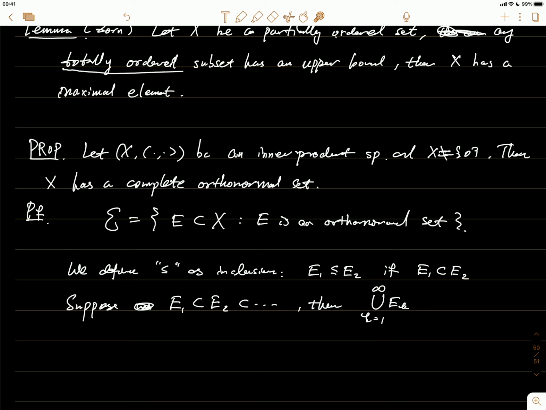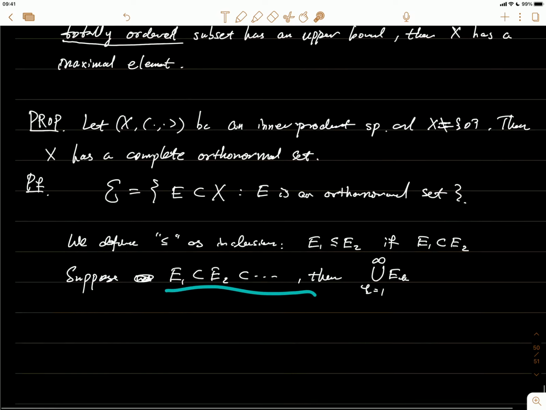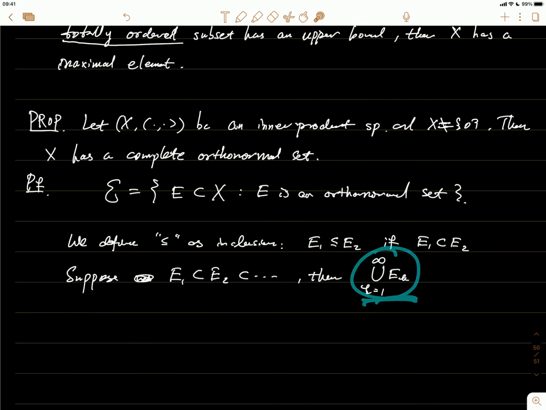So now we know that every totally ordered set has an upper bound, and apparently this one is inside E, inside this collection.